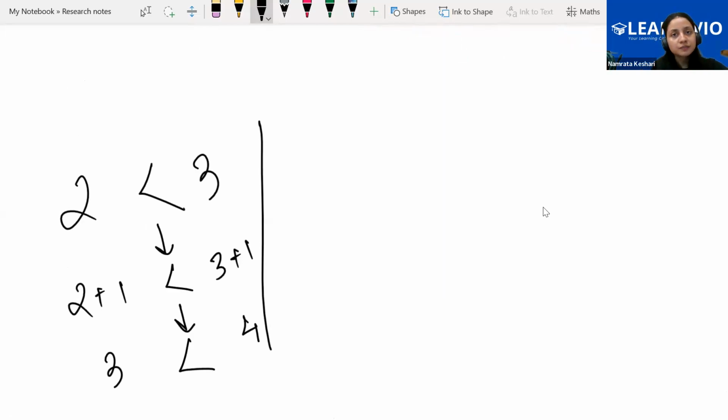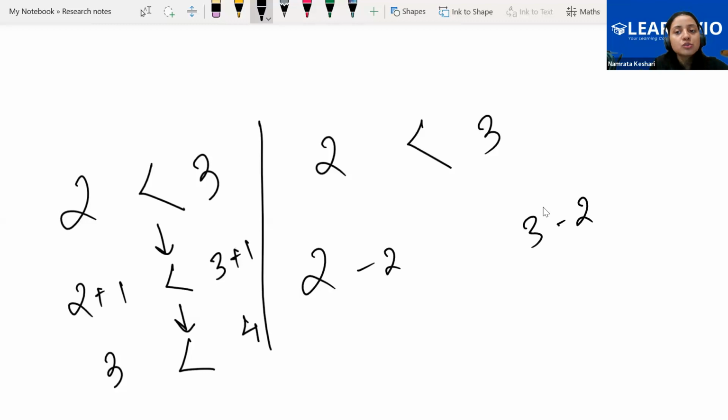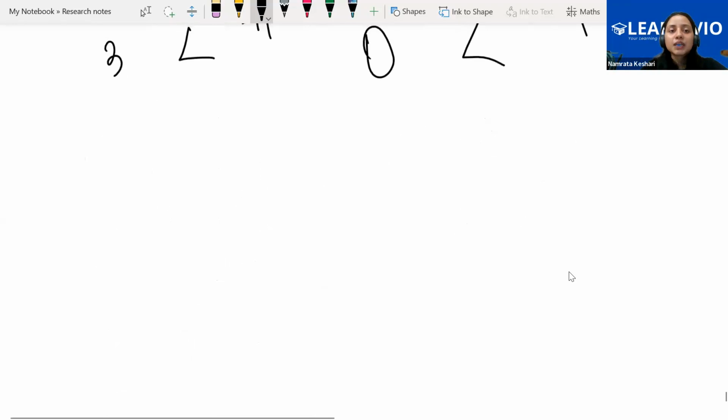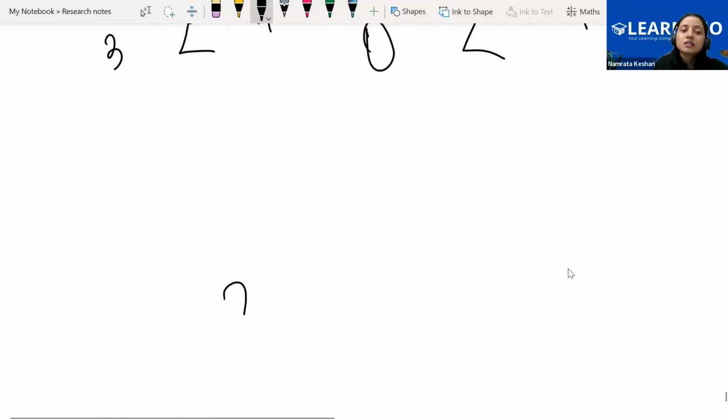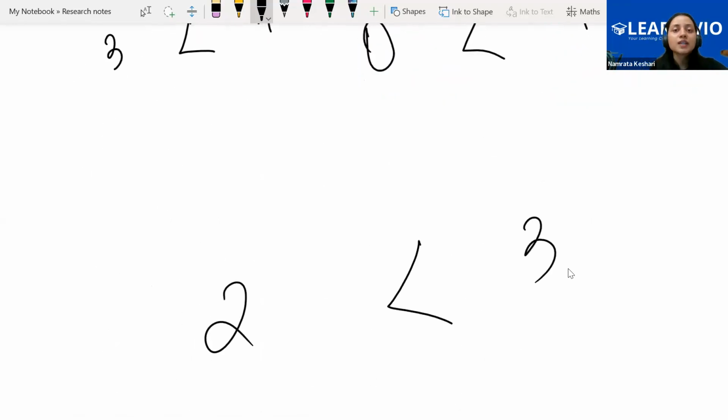When we subtract a certain number, let's say 2, 2 minus 2 is 0 and 3 minus 2 is 1. Still we maintain the same sign. When adding or subtracting a number on both sides, the same sign is maintained. What about multiplication and division? So 2 is there, 3 is there, and the smaller than sign is there.